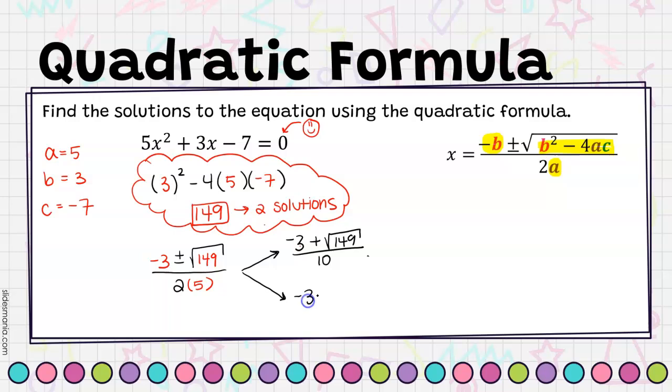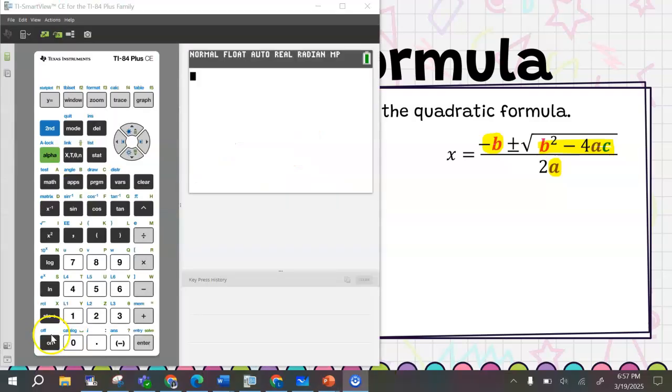Then I'm going to get -3 minus the square root of 149 divided by 10. Now, if you are not sure what the square root of 149 is, you are not alone. It is not a nice square root. We can figure it out using our calculators, though.